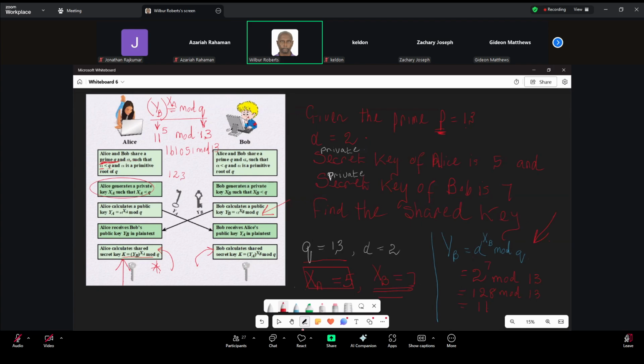13 into 115 is how much? 8, and the remainder how much? 91 and 13 is 104.